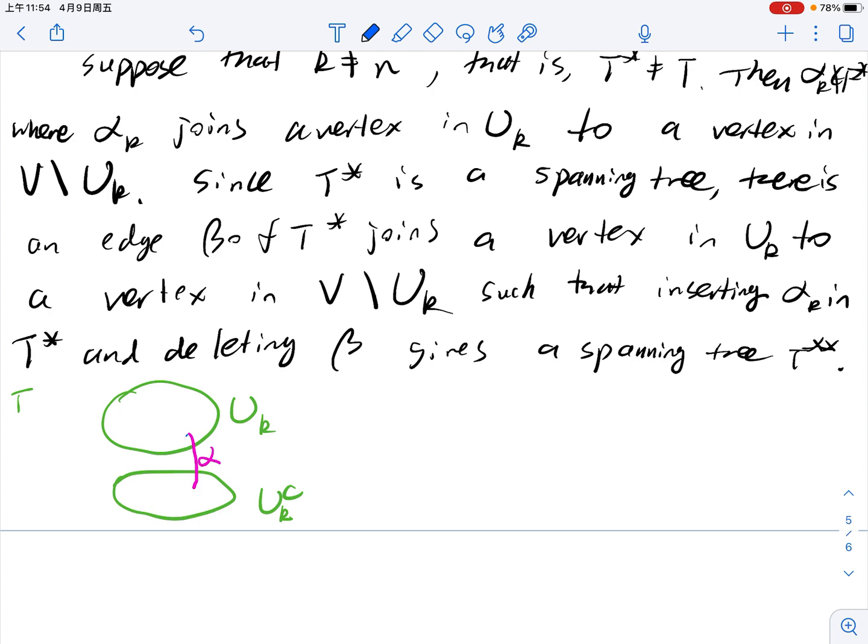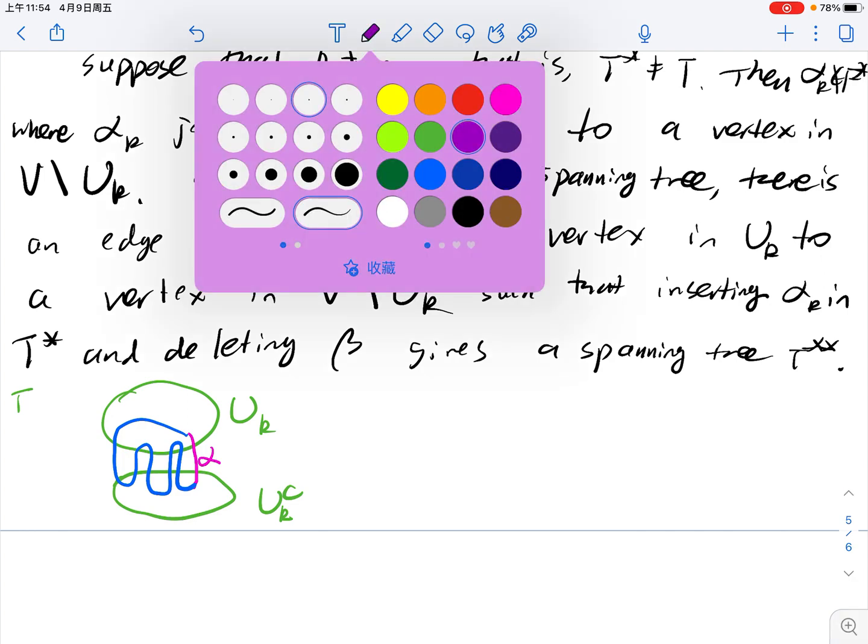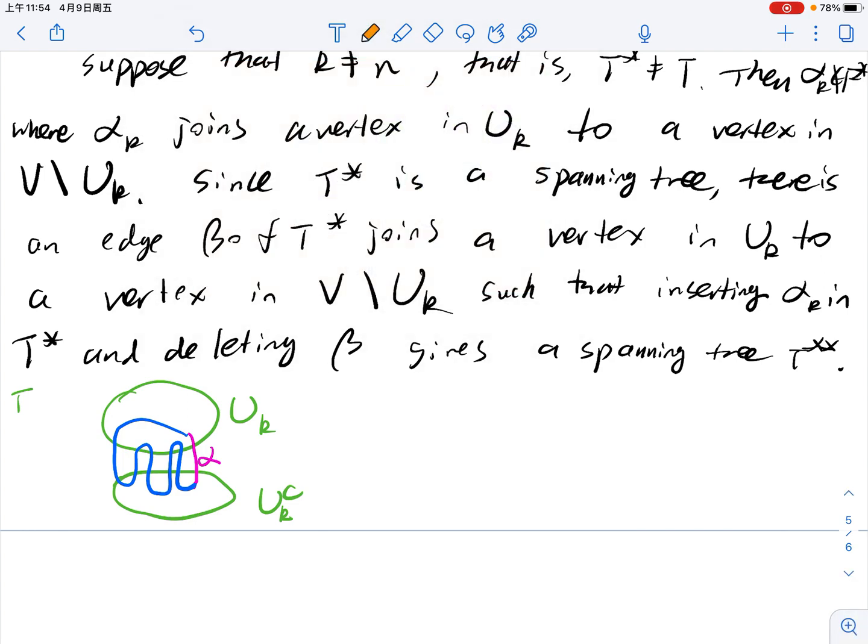No matter how complicated the cycle is, there is at least one edge beta connecting a vertex in U_k and a vertex in U_k complement.